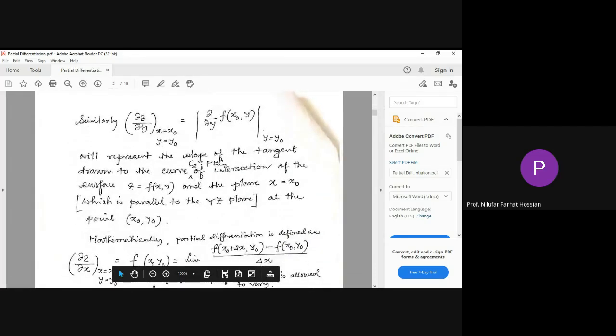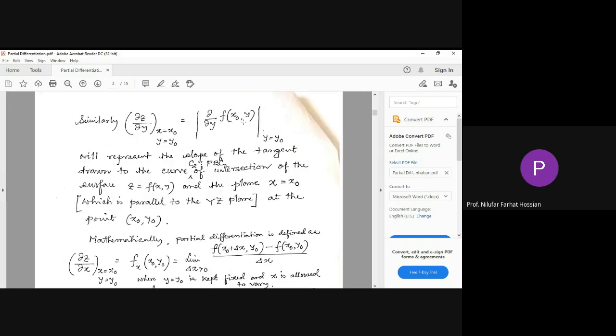Similarly, if you differentiate that particular surface z equal to f of x y with respect to y, the partial differentiation is performed with respect to y, where x is a constant. From the very beginning you are considering x as a constant, putting x equal to x naught, and finally putting y equal to y naught.